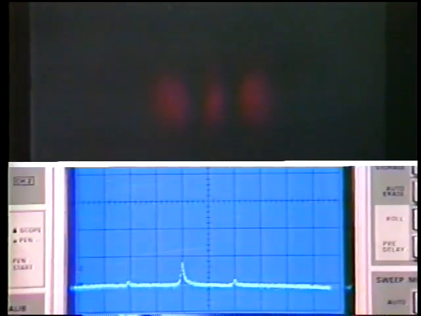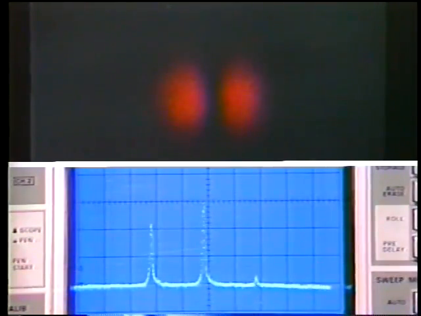Now you can see I brought in what we call the 0,2 mode. It's a little faint, but that's what I'm able to do right now. And you can see on the scope below that, again, it's a clean mode, but of course the intensity is weak. Now let me go in the other direction, back again.